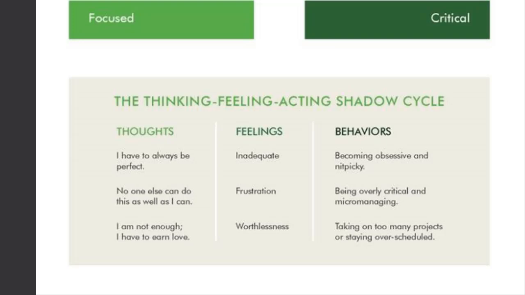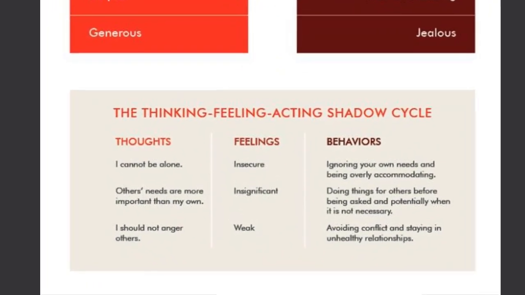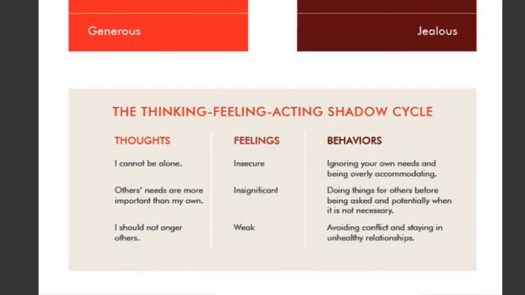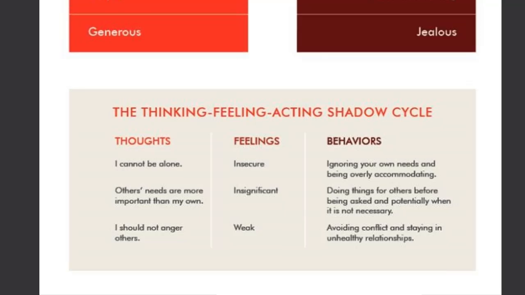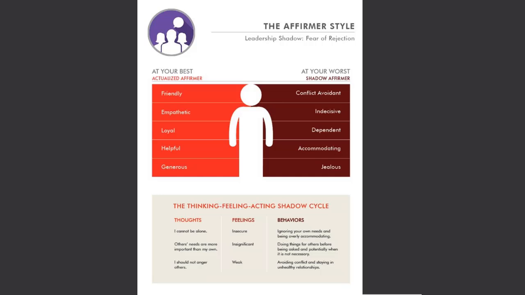If you're an achiever, you can look at the green sheet for the fear of failure. If you are an affirmer, the red sheet here shows the shadow cycle: different thoughts, different feelings, different behaviors. But again, the same holds true. You've got to get out ahead of the thought and understand how that's driving emotions that trigger behaviors.